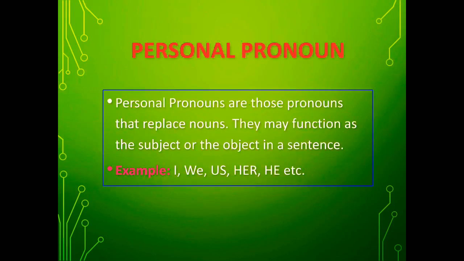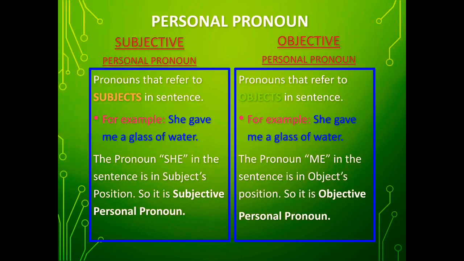Personal pronoun. Personal pronouns are those pronouns that replace nouns. They may function as the subject or the object in a sentence. For example, I, we, us, her, he. Now, personal pronouns are of two types: subjective personal pronoun and objective personal pronoun.